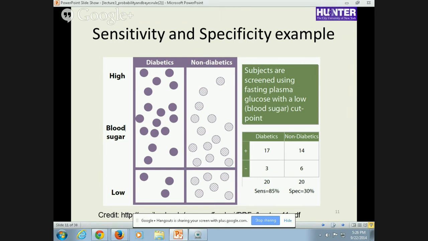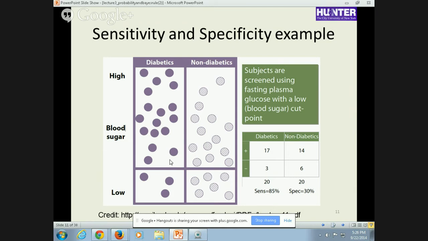This is a diagram of what that test might look like if we had all of the answers. So we're divided here into a population of diabetics and non-diabetics. This is the truth, something that we don't know in the general population, but we're supposing here for illustration that we know it.